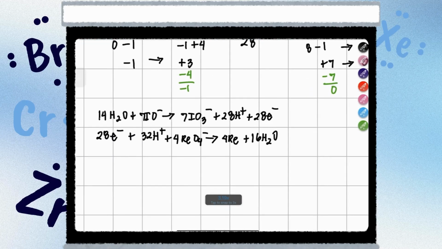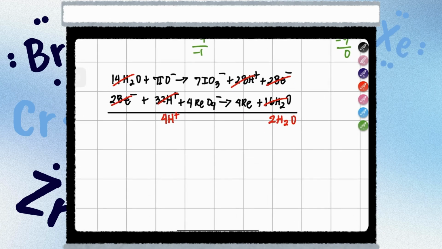Now let's cancel out what we can cancel. First off is electrons. Then H2O, may matitirang dalawa. As well as hydrogen, may matitirang 4. Now we can write the final reaction.